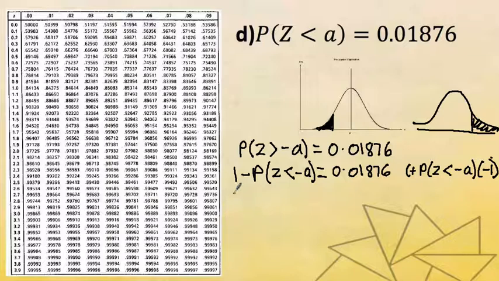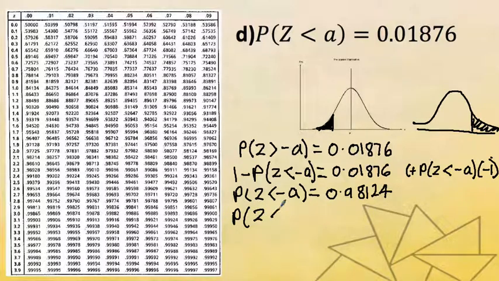Okay, so what this gives me then is probability z less than minus a is going to be equal to, and on the right hand side what we get is 0.98124.